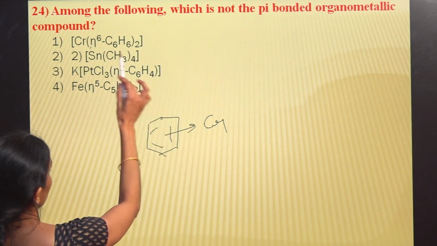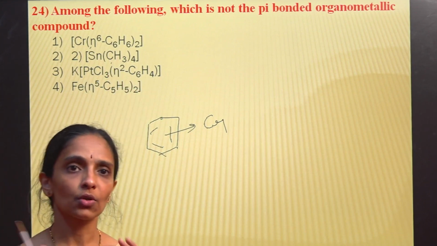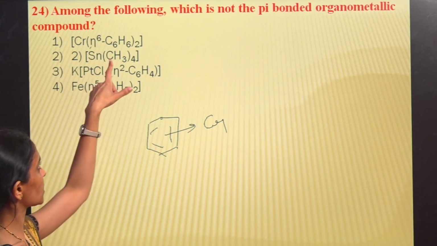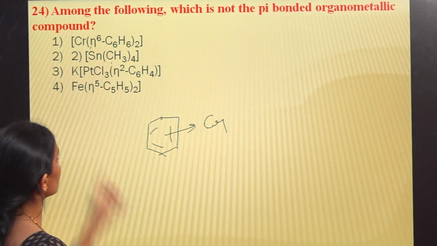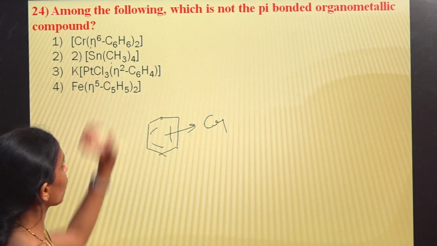In the second compound, you have a methyl group, CH3 group. You know very well it doesn't have any pi bonds. The methyl group doesn't have any pi bonds. Look at the third compound, you have C6H4 ligand.